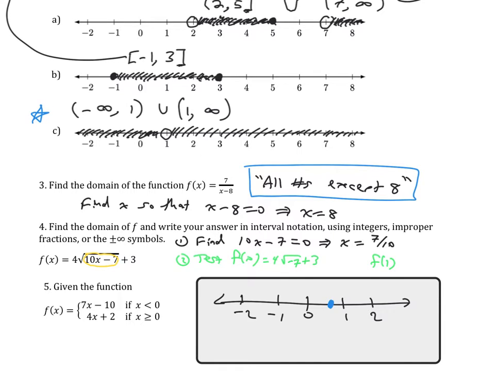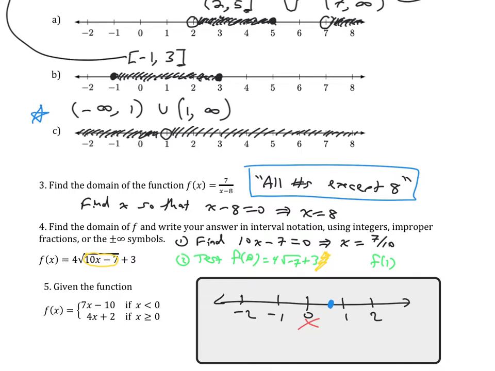So if I try to put 0 in for x, the computation on my calculator is going to be 4 times the square root of -7 plus 3, and that's bad. So that's my lightning bolt. So over on this side, that's bad.